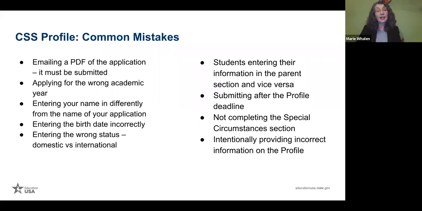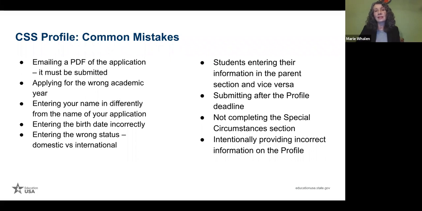We, like all other colleges and universities that use the College Board CSS profile, do so in large part because of that need analysis software. We pay the College Board to be able to use that process. And that software only works when the student submits the application. So you really do need to submit it.